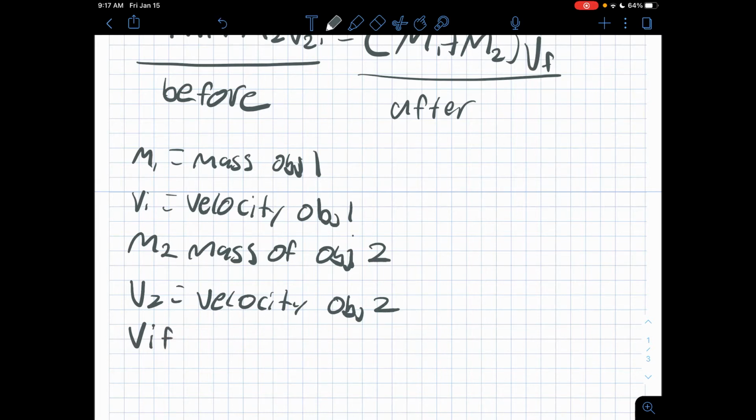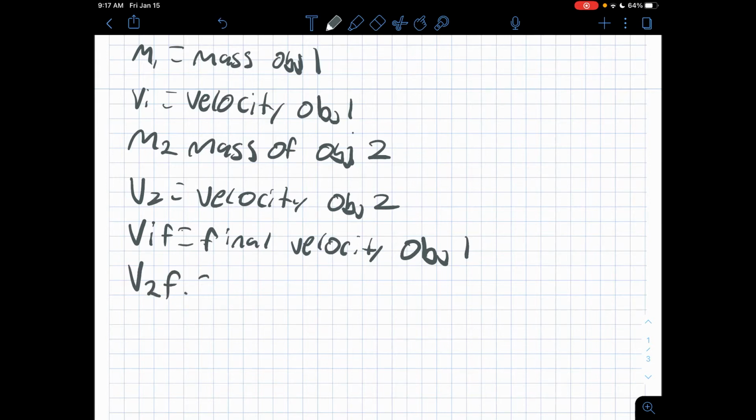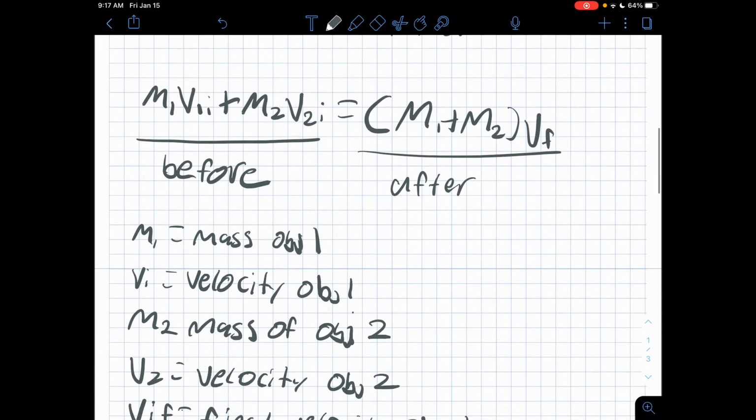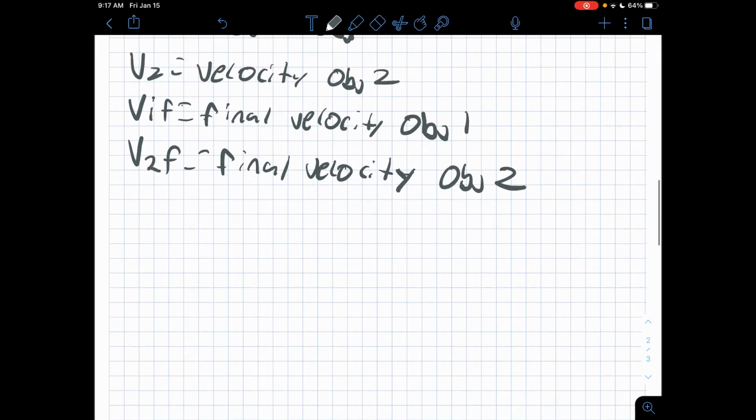Then v1 final is equal to the final velocity of object 1, and v2 final is equal to the final velocity of object 2. So the most important thing to keep in mind is that the momentum is conserved throughout the whole collision. So before and after and during, the momentum is always the same.